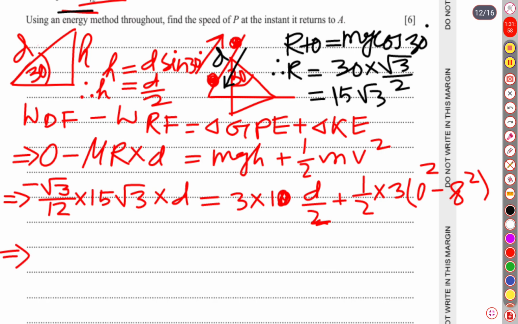So for the left side, square root of 3 times square root of 3 is 3, 15 times 3 is 45. So negative 45 over 12. If we divide 45 by 12, it is 3.75. So negative 3.75d.